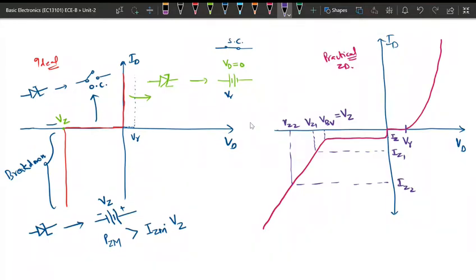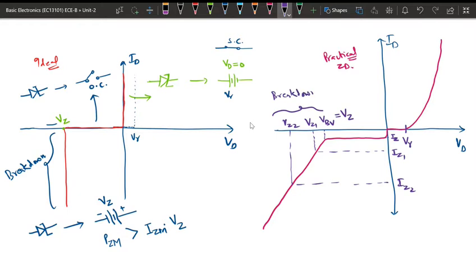It means this is the practical case. So instead of being constant, it will have some variation in this Zener diode voltage. Generally, once we analyze, we will consider a constant voltage source.